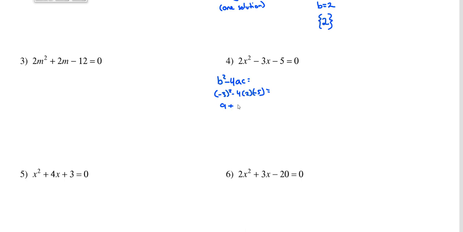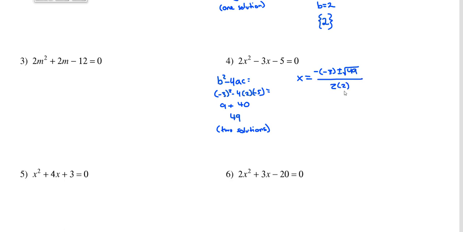Two real solutions. All right, so on this one, if I use the quadratic formula, I get x equals negative b, negative 3, plus or minus the square root of b squared minus 4ac, which is 49, square root of 49, all over 2a, 2 times 2. That turns into a 3, plus or minus the square root of 49 is 7, divided by 2 times 2 is 4.